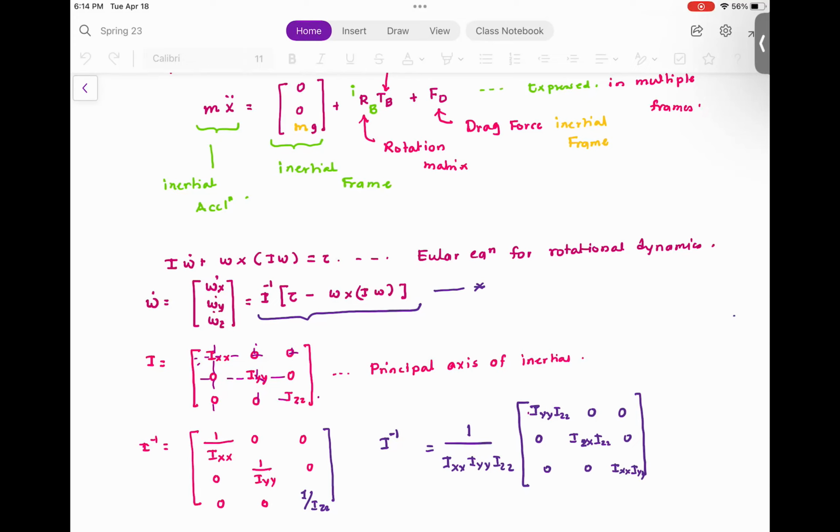No matter what the dynamics you are studying, whether it's the dynamics of a rocket, a quadcopter, a tilt rotor, a coaxial helicopter, a regular helicopter, an octocopter or hexcopter, at the end of the day, these two equations are going to remain the same. Kinematic equations are going to remain the same. All the frames are going to remain the same.